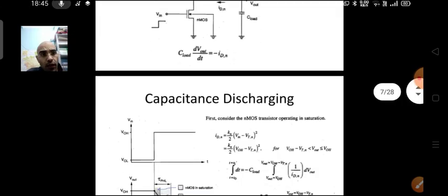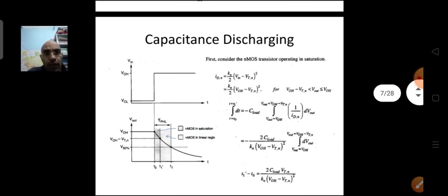This is very important, because you will require it later on. Whenever you have to analyze the circuit, you have to determine in which region the transistor is operating, whether in the linear region or in the saturation region. Once you are able to find it correctly, then it is just mathematical manipulation.